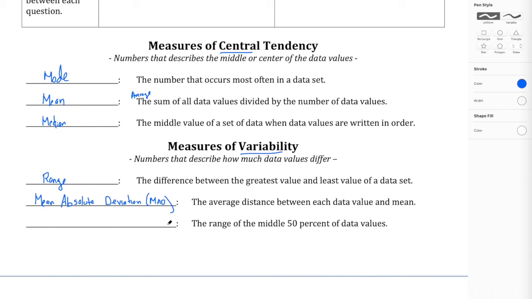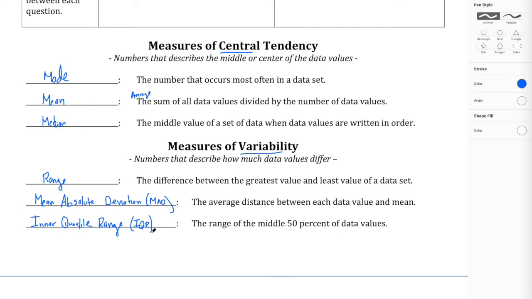Not that it's upset, but it is the MAD. All right, the range of the middle 50% of the data values. Again, this will be coming in a later lesson dedicated to it. This is called the interquartile range. We also sometimes use its initials to refer to it, the IQR.